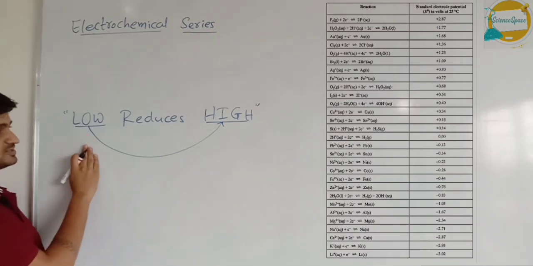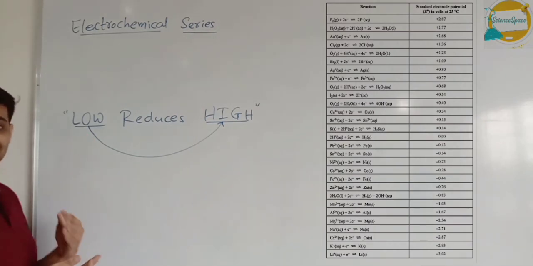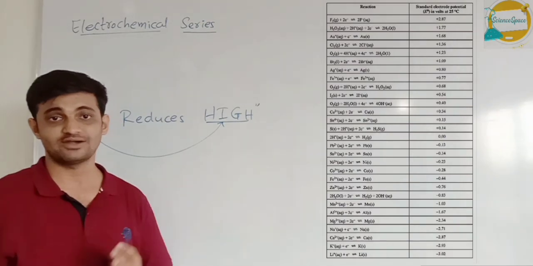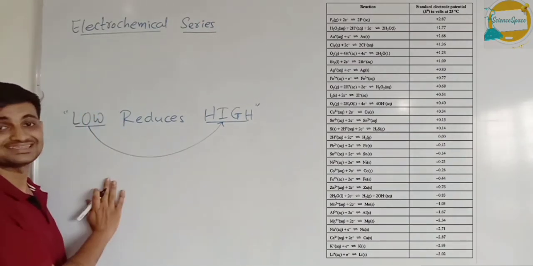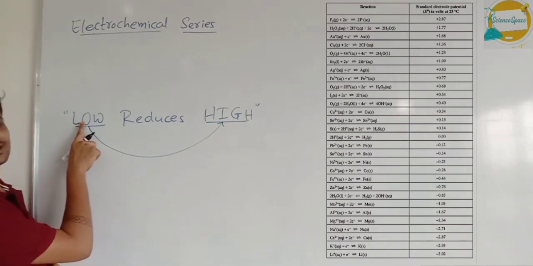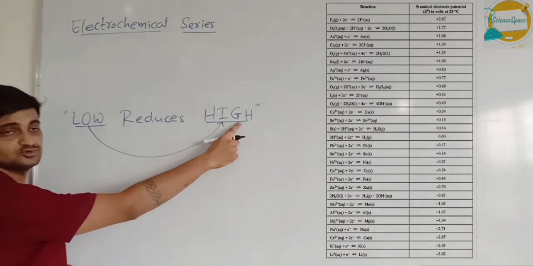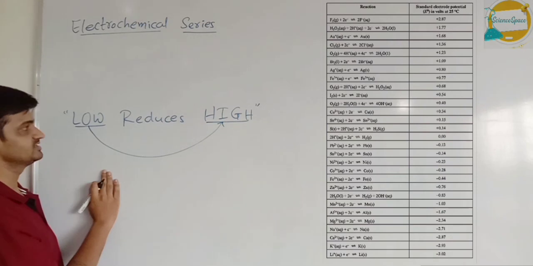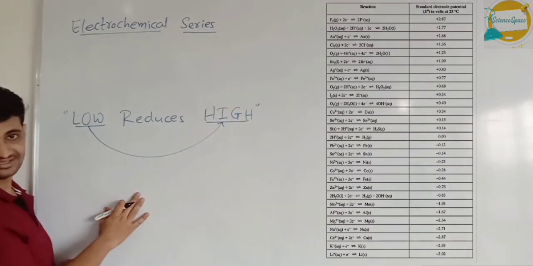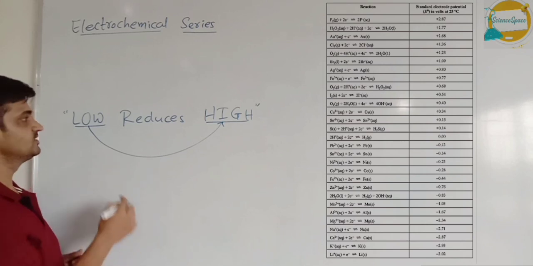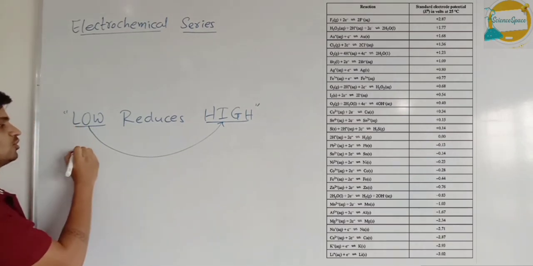So this will help us to determine which electrode to be taken as anode and which electrode to be taken as cathode. How will anode and cathode be decided here? The one whose potential is low will reduce the electrode with higher potential. So what is it doing? It is reducing the higher potential electrode. So it is itself getting oxidized.